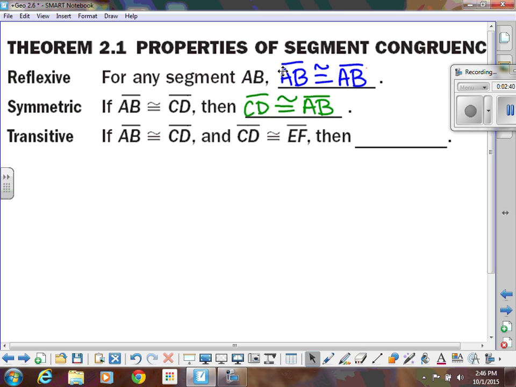And then the transitive property, notice that if I have AB is congruent to CD and CD is congruent to EF, then I know AB is congruent to EF. So we'll be using some of those today because it'll actually make some of our proofs shorter. Sometimes they won't, but you'll see when we get there.